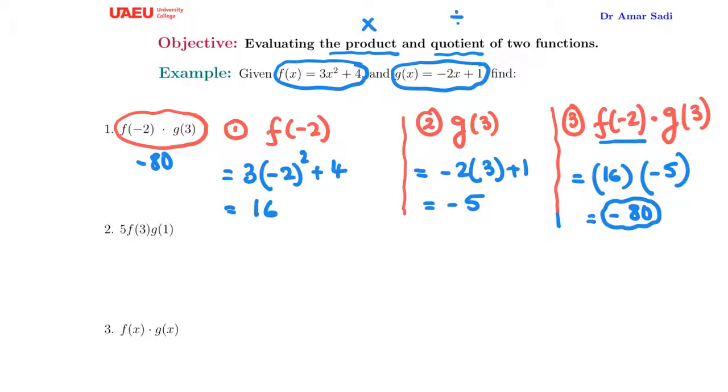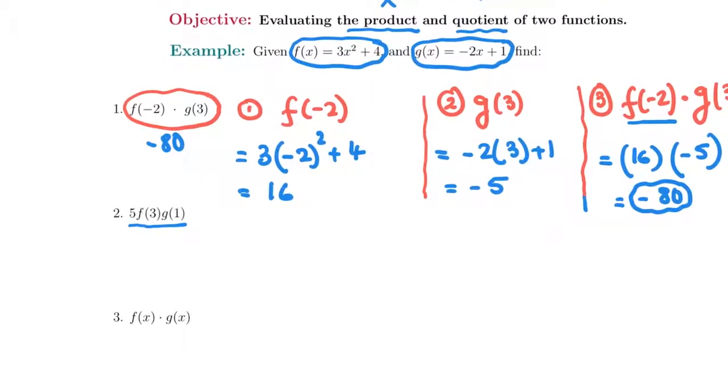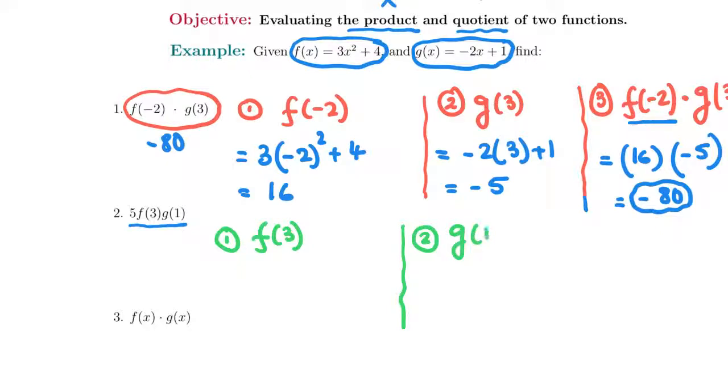Okay, in the second part of the question, I want 5 multiplied by f of 3 multiplied by g of 1. So in the same way, we can do this in 3 steps. So the first one is I want to find f of 3. The second step is I need g of 1.